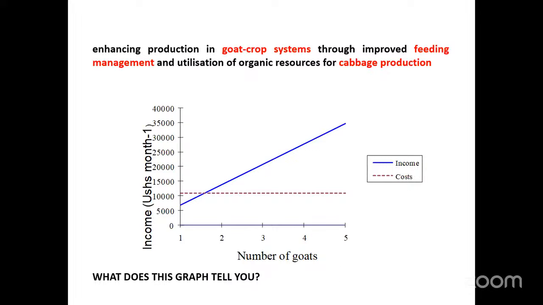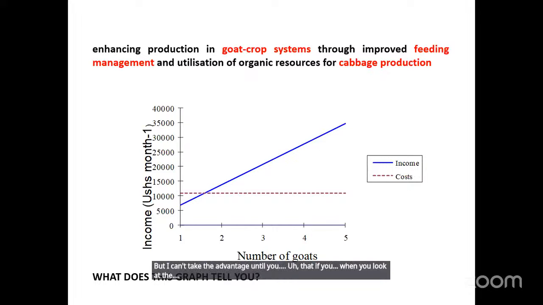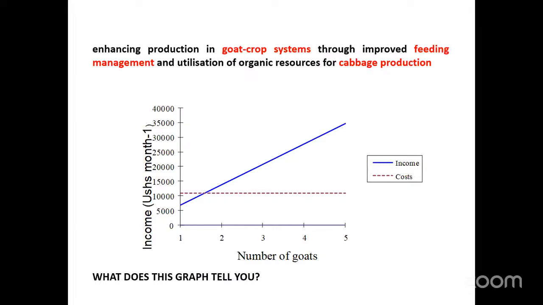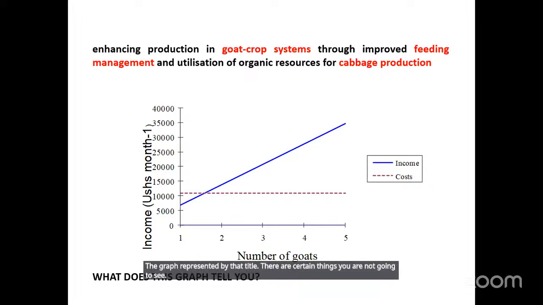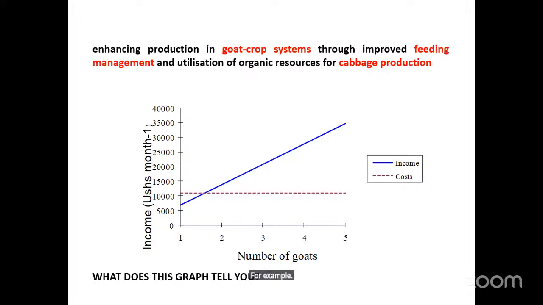that if you look at the graph represented by that title, there are certain things you are not going to see. For example, the goat crop systems are not there on the graph. Feeding management is not there.